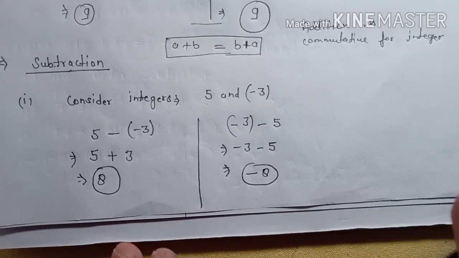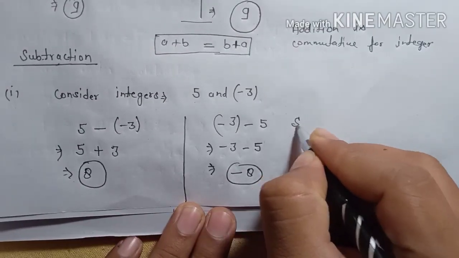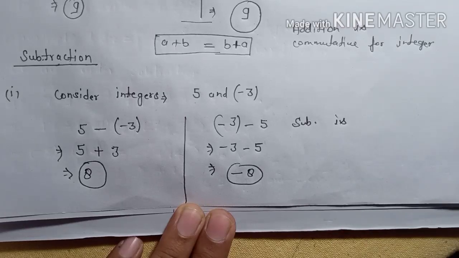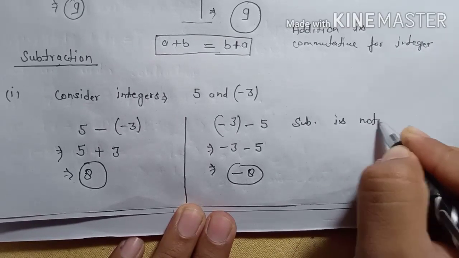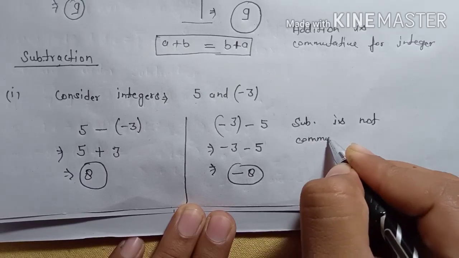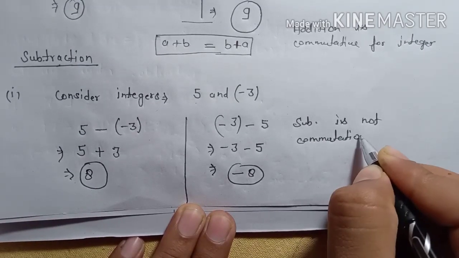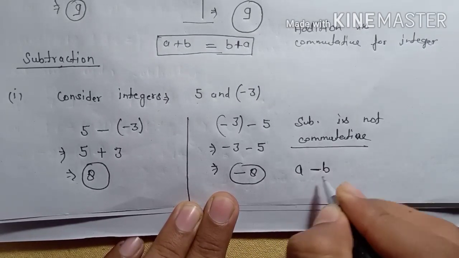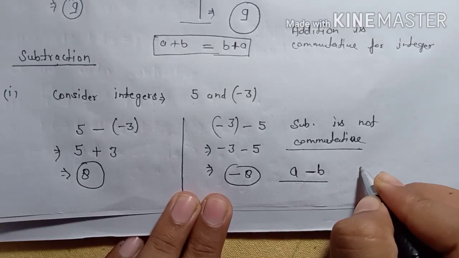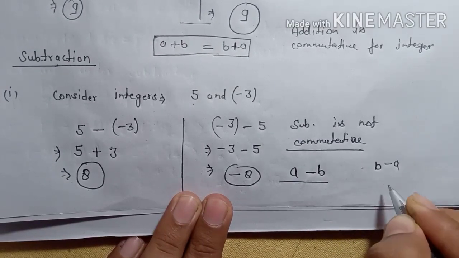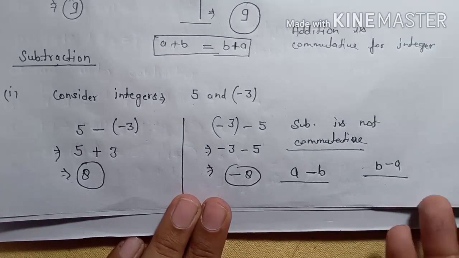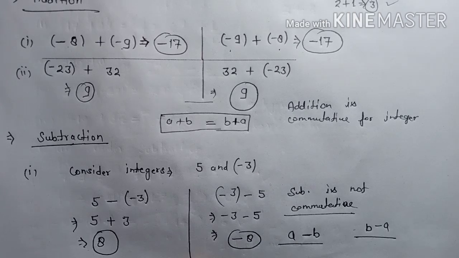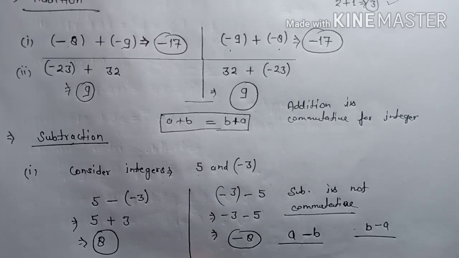So we can say subtraction is not commutative for integers. Means if you subtract b from a and subtract a from b, these are not equal and the results are different. So this is the commutative property for integers, where addition is commutative but subtraction is not commutative.